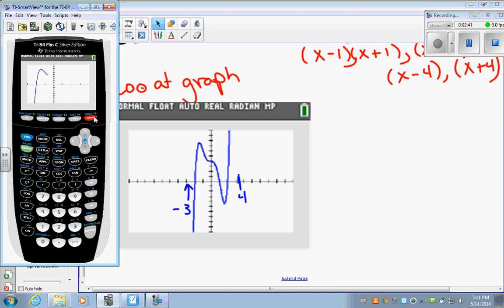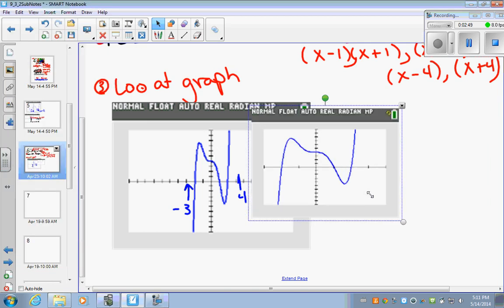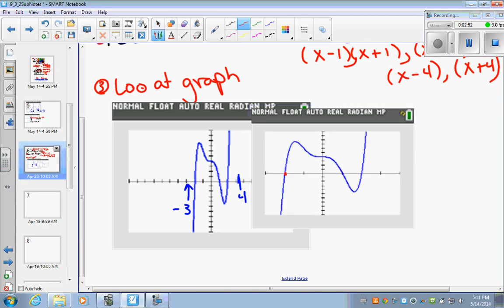Oh yeah, it looks like negative 2 is in there for sure, positive 1 and positive 2. So that's going to be my guess. My guess is negative 2, positive 1, positive 2 are the roots, making x plus 2, x minus 1, and x minus 2 possible factors. Definite factors. I can see that.